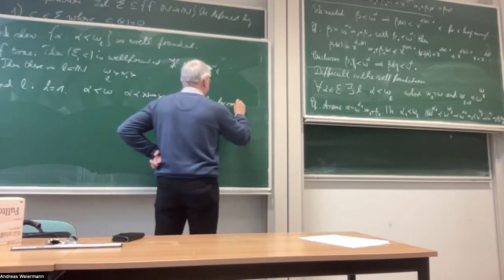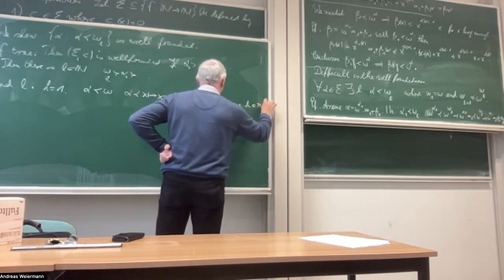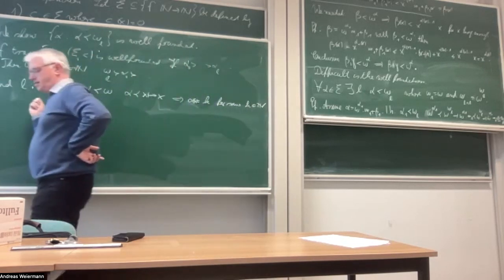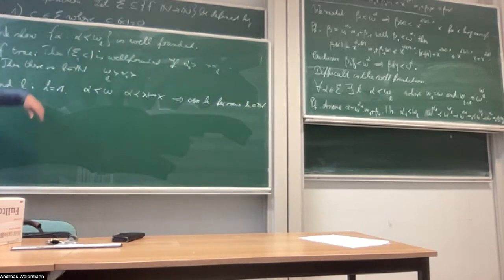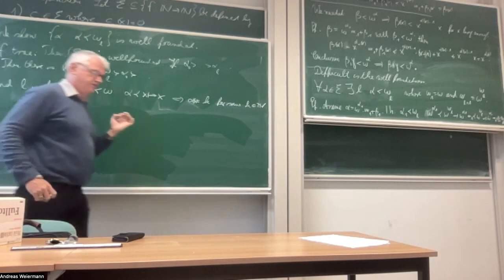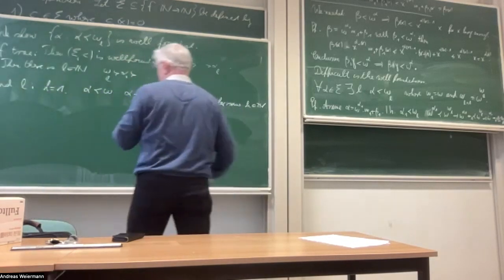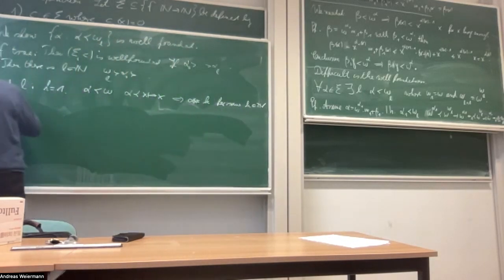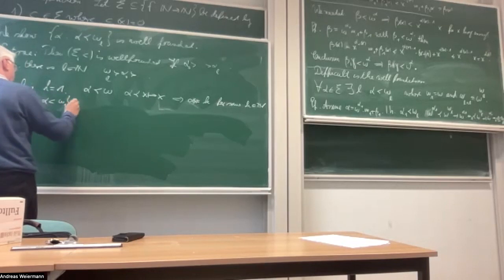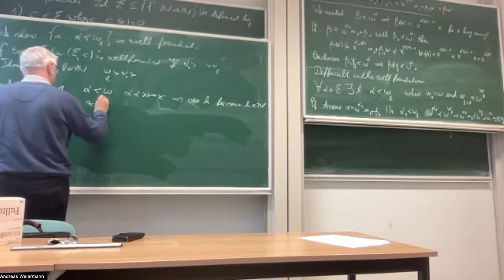So this means if L is 1, then this is an isomorphic copy of the natural numbers, and they are well founded. That's fine. Alpha smaller than omega 1 is order isomorphic to the natural numbers.